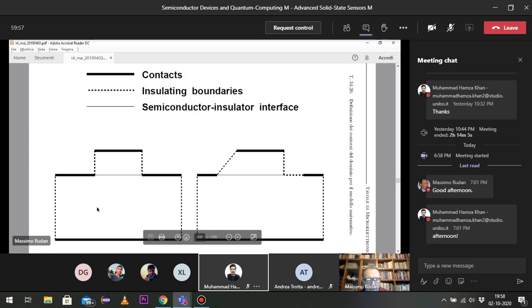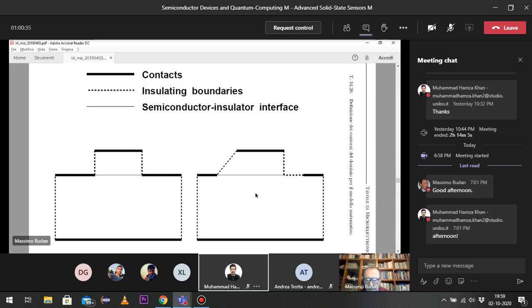The structure indicated on the left in this page is very schematic, but not very realistic. If you want to improve the description, first of all, the two source and drain contacts would be shorter. So the figure on the right is more realistic because the source and drain contacts are shorter. They do not reach the point where the insulator begins.